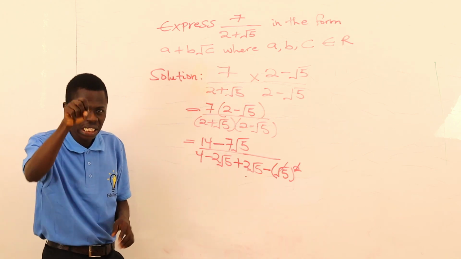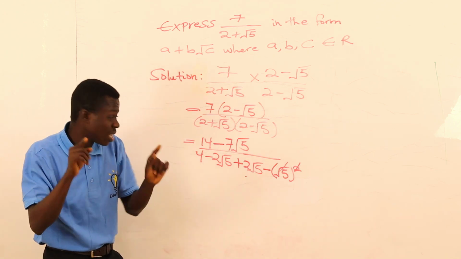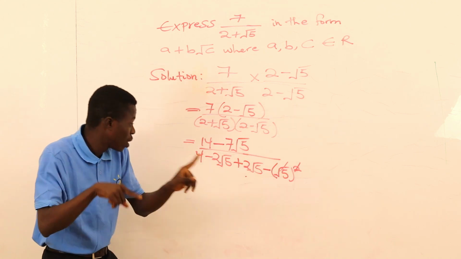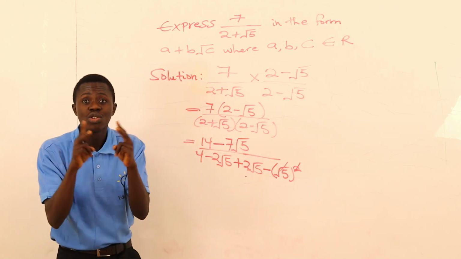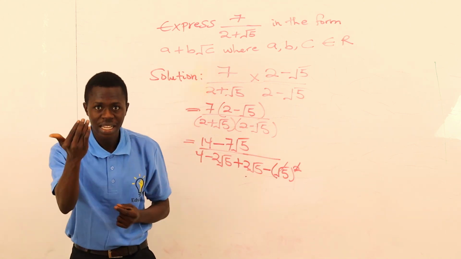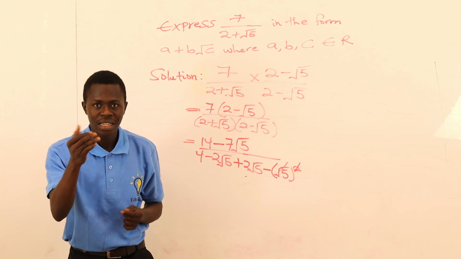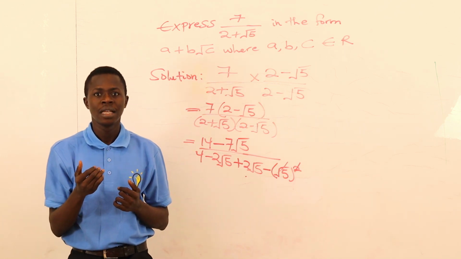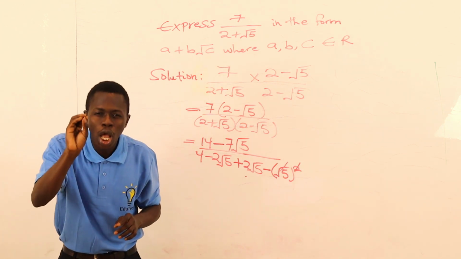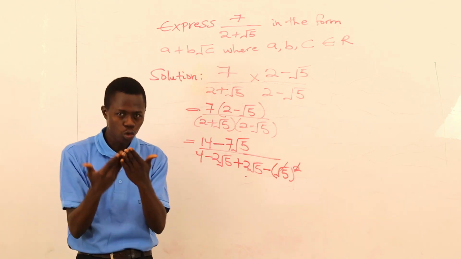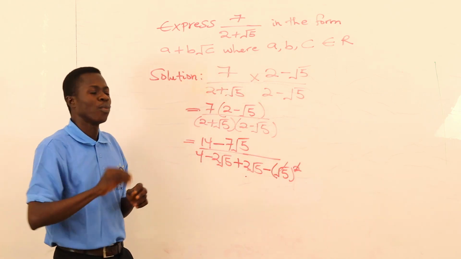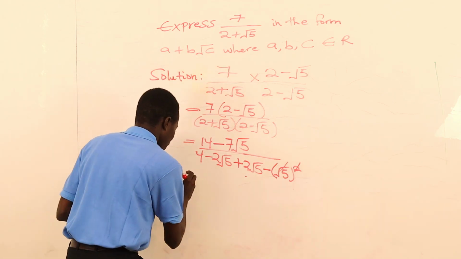Again, you can see we have minus 2 square root of 5 and then plus 2 square root of 5. They are the same, but then we have negative and then positive. So what does it become?